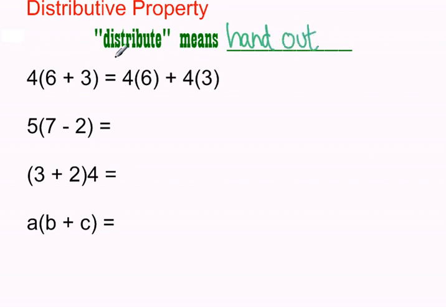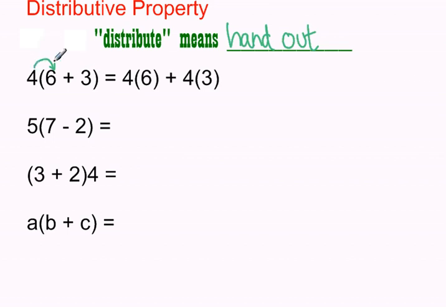And this first example shows mathematically what it looks like. I'm going to draw arrows, and I would like to see this on your notes and also on the problems that we do in class, showing that I'm taking this 4 and I'm handing it out. I'm distributing this 4 to all the numbers inside the parentheses.